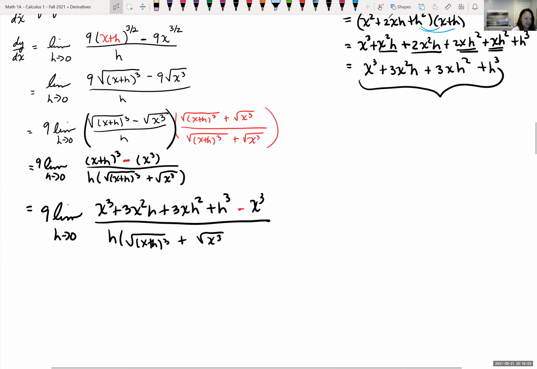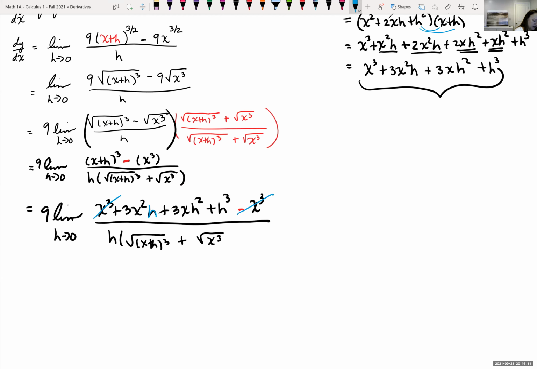Notice our x cubes cancel. If our x cubes go away, then every term in our numerator now has a factor of h in common, and we can pull out a single h, and that will cancel with the h in the denominator.